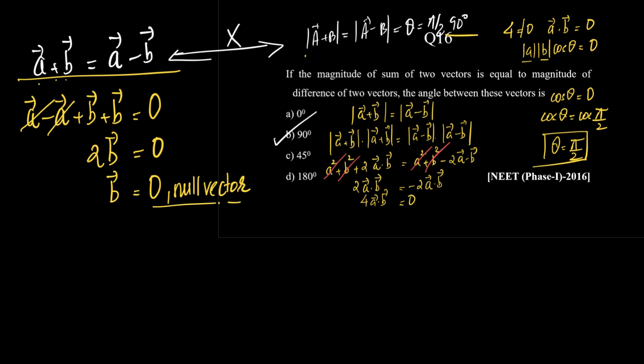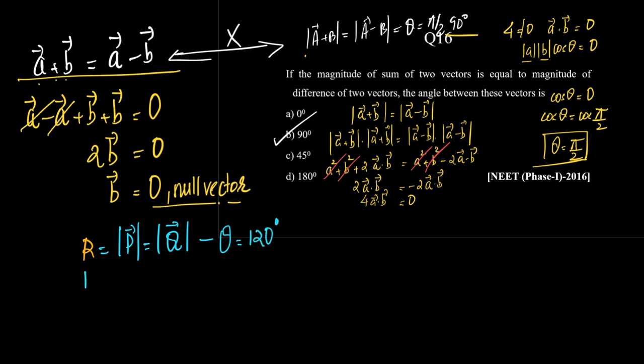So what we have is some additional results that you can use for easy reference. If the resultant is equal to the magnitude of individual equal vectors, then the angle between them is 120 degree.